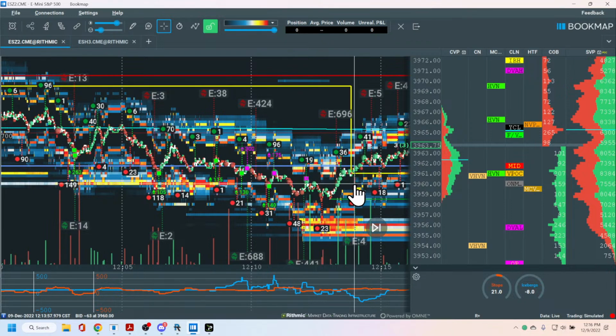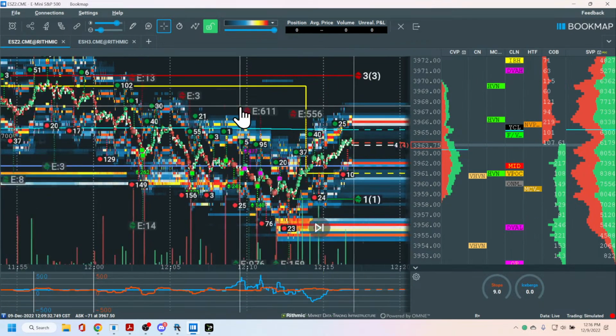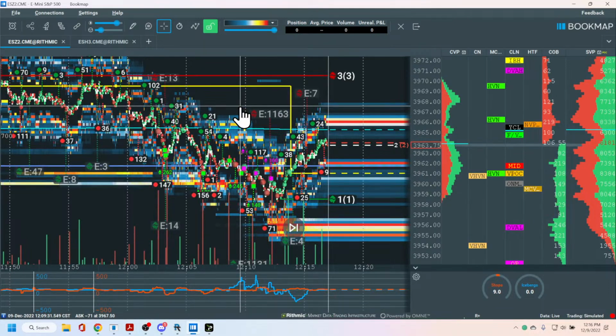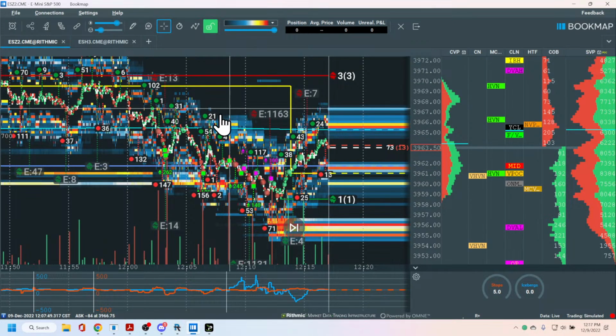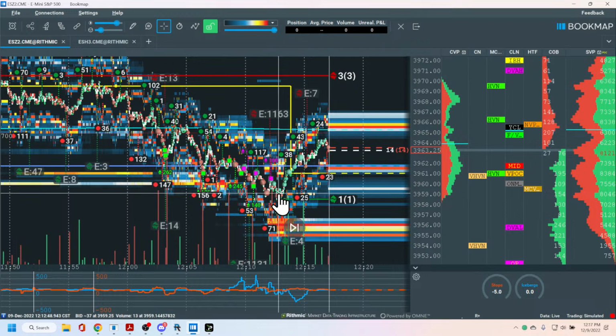The shorts, where did the shorts have their stops? The mid and the VWAP. So what might happen? Rotate here, see sellers. We get through here, back here, and maybe back here. Don't know. That's what trading is, right? That's all it is. And it's maybe.